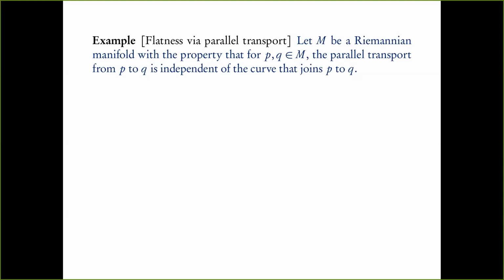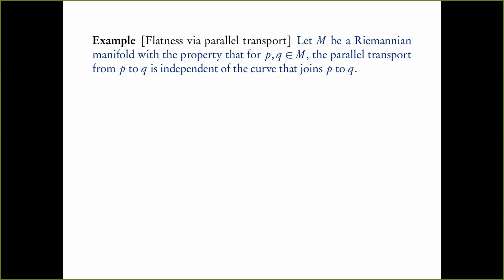And this has a unique solution once you prescribe the initial data, and this X is called the parallel transport. So X of gamma 0 is v, and X of gamma 1 is going to be whatever the output is. And that's going to give you a map from the tangent space at P to the tangent space at Q. But this will depend on the curve gamma, typically.